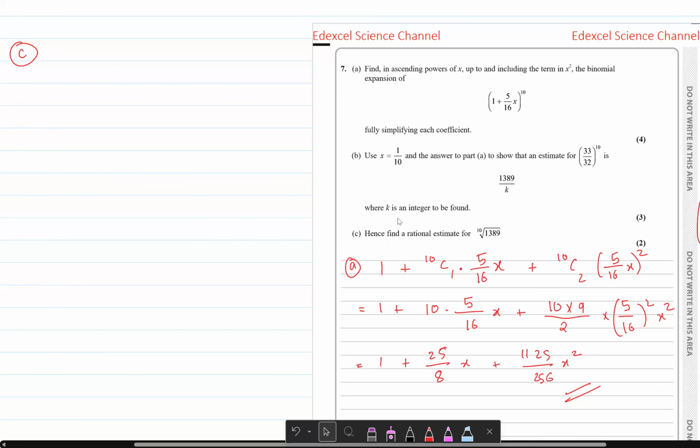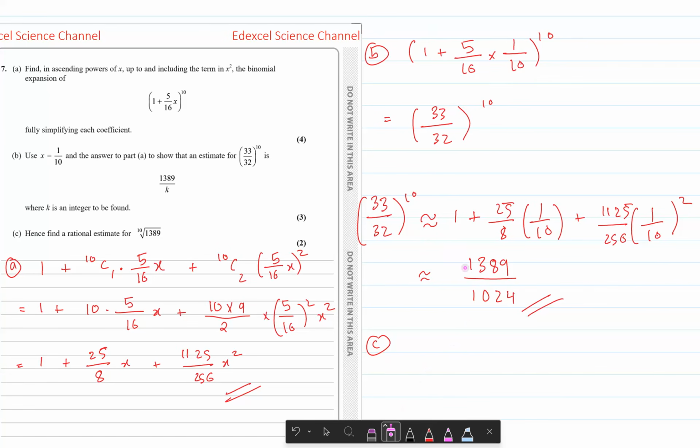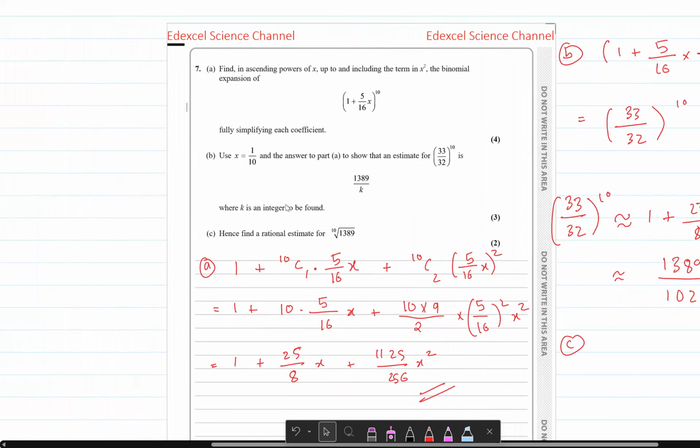Okay, and you can already notice that this 1389 is hidden over here, not exactly in the same form, but it is there, right? So I have to somehow manipulate it so that it becomes root of 10, 1389. So how do I do that?